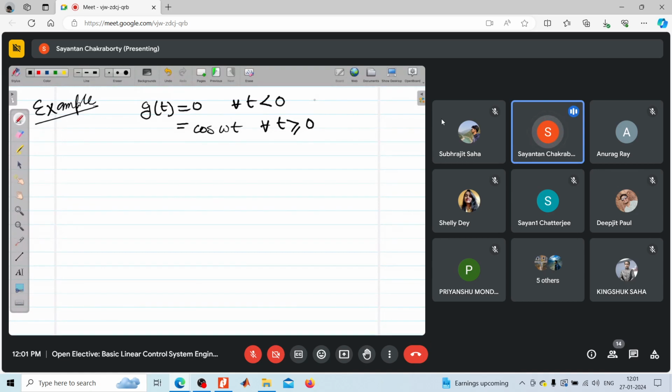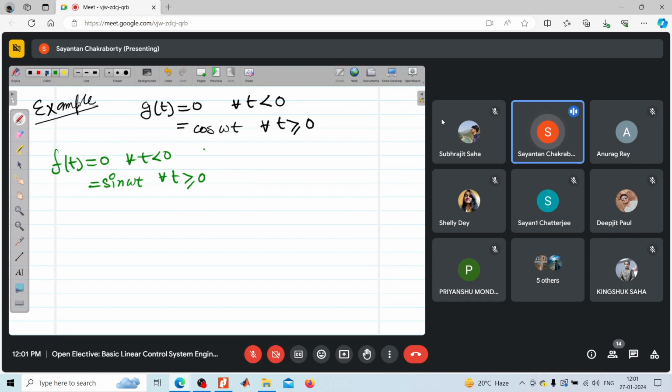But what if we use the formula of real differentiation? Let us see how, using the real differentiation formula, we can find the Laplace transform of this. For that, let us define another function f(t) equal to 0 for all t less than 0 and equal to sin(ωt) for all t greater than or equal to 0.